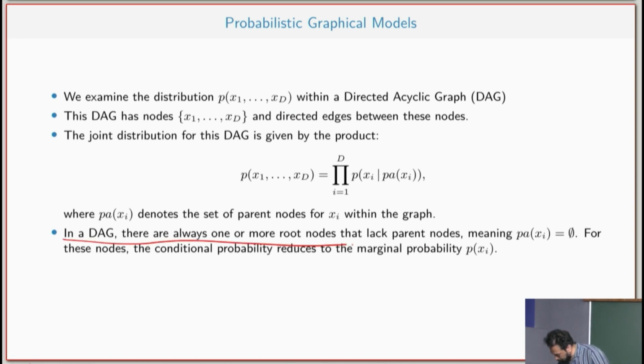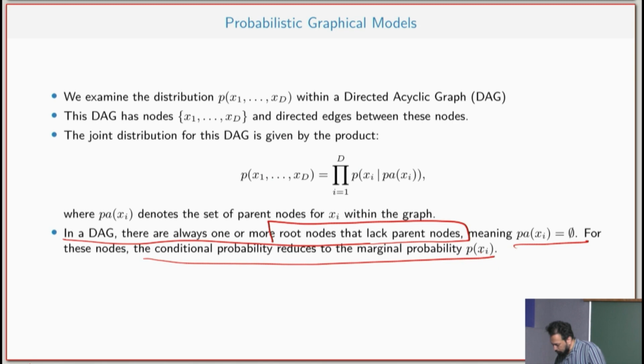It all depends on how things are related. In a DAG, there are always one or more root nodes that lack parent nodes. So there will be at least one root node that does not have any parent nodes, some xi for which the parent is null. For these nodes, the conditional probability reduces to the marginal probability p of xi, because there is no dependence before that.